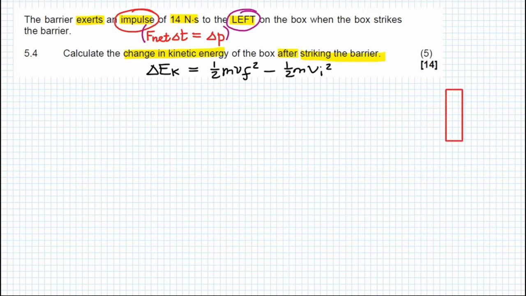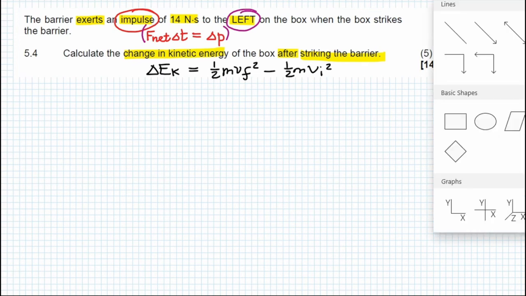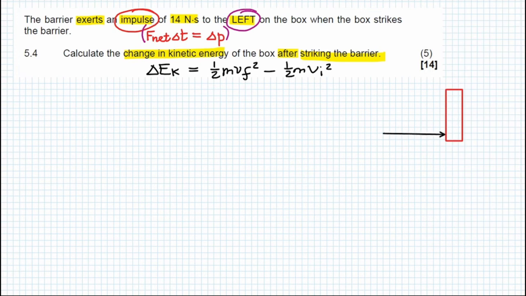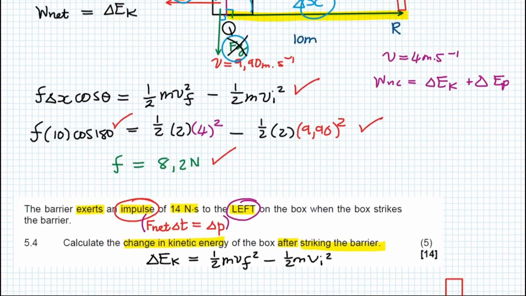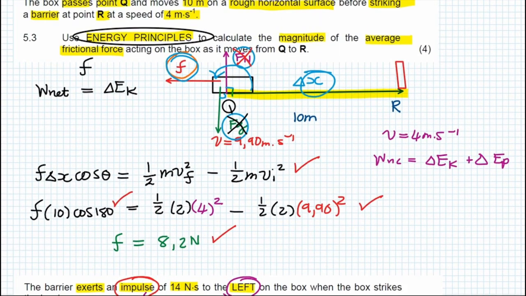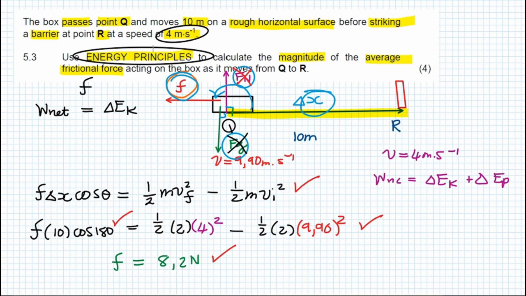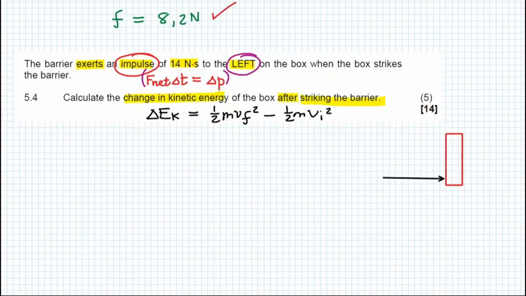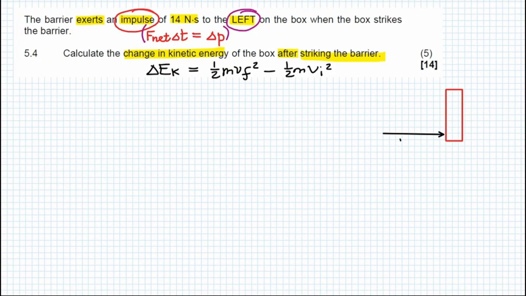The box just moved from point Q to point R. It's going to strike the barrier with a speed equal to this value of 4 meters per second that was given to us, because in the previous question they said it's going to strike the barrier at a speed of 4 meters per second. When it strikes the barrier, it's going to experience a force and therefore an impulse.